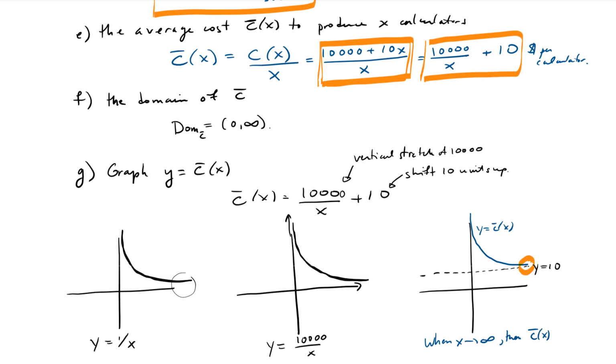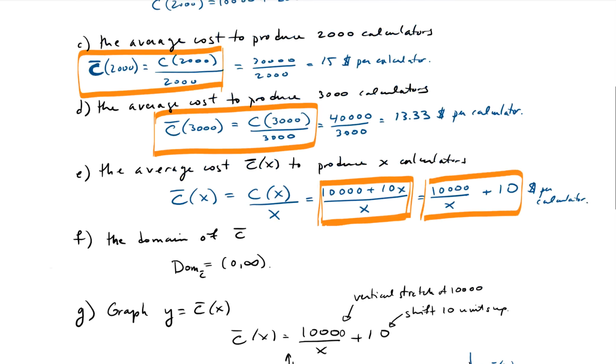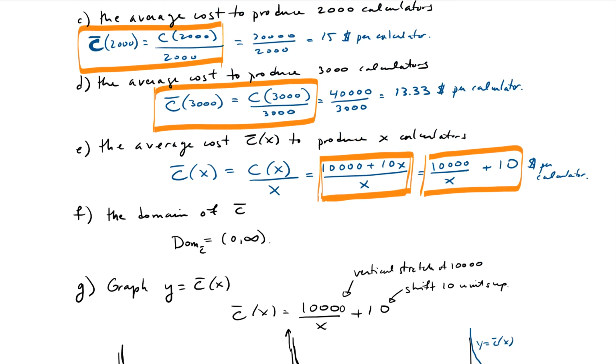So the y values will actually tend towards 10. In other words, if you produce a lot of calculators, your fixed costs won't influence that much the average cost of your calculators, but you have to produce a lot. We saw that if you produce 3,000, it's not that close to 10, but eventually it's decreasing.